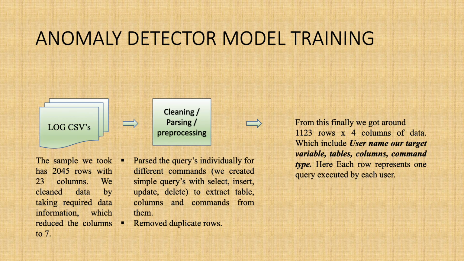So in the cleaning phase, we removed all the unnecessary information which is not required for modeling, and reduced it to 7 columns. Then in the pre-processing parsing step, as Abhilash already explained in his initial steps, we took only the query parsing syntax feature extraction techniques, where we pass the query to get information like the command type, the columns being accessed in that query, and the tables.